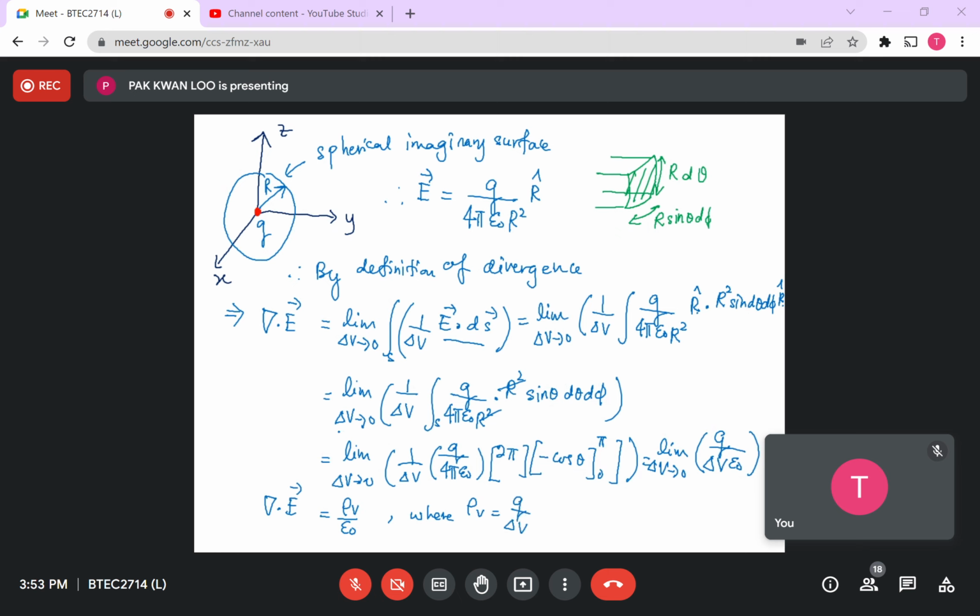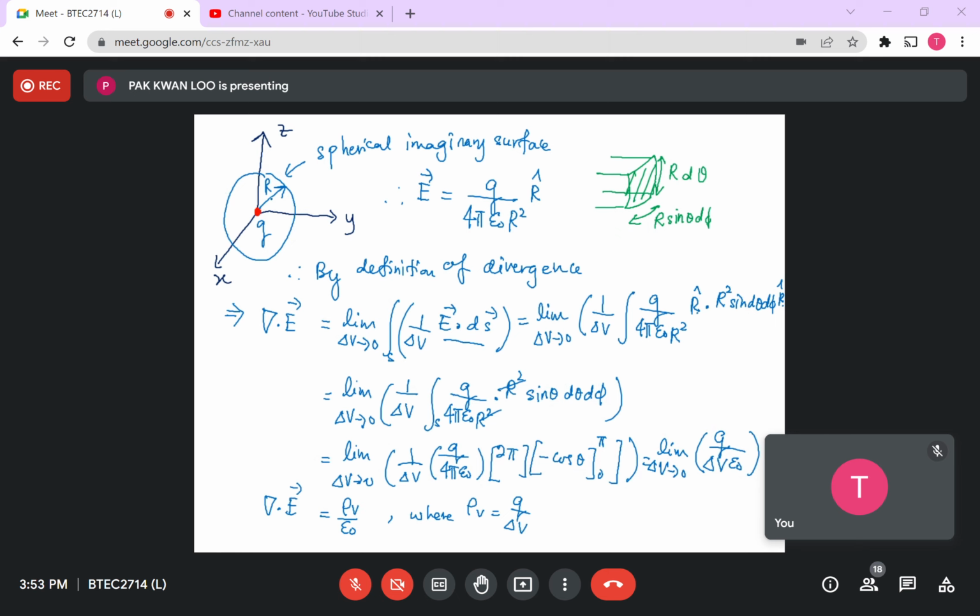So basically what this means is, when you enclose something with this imaginary spherical surface, the space that you enclose contains some kind of volume.